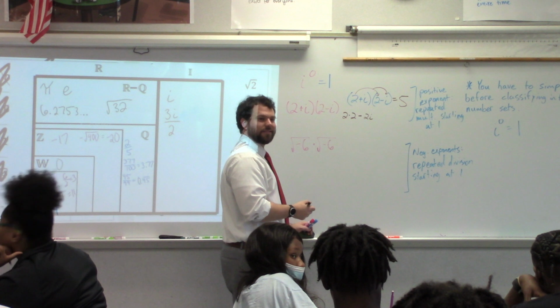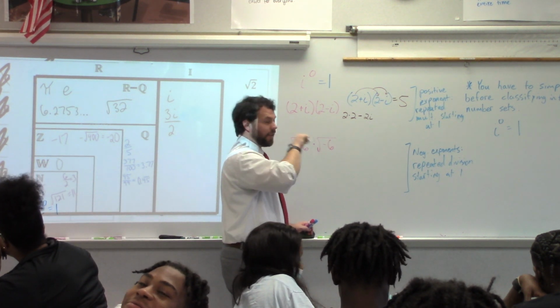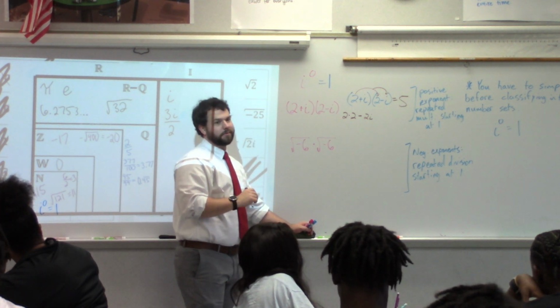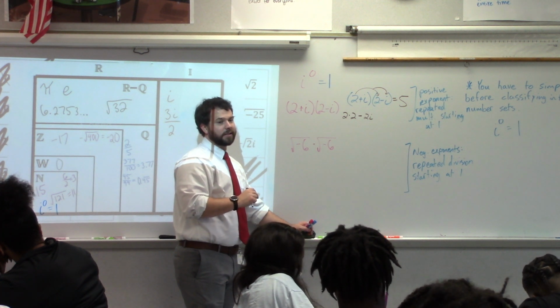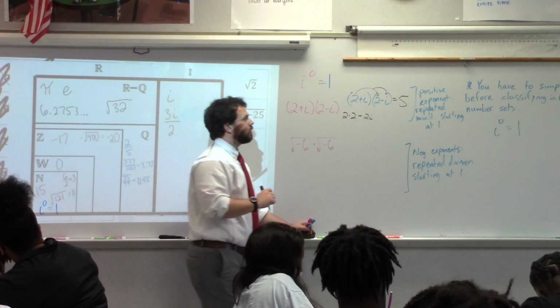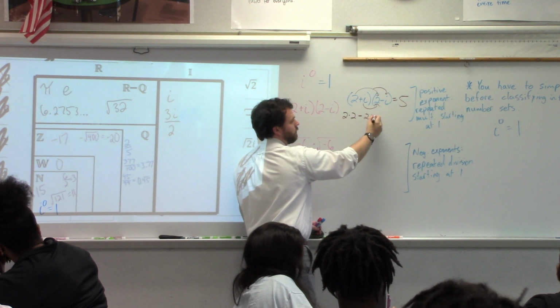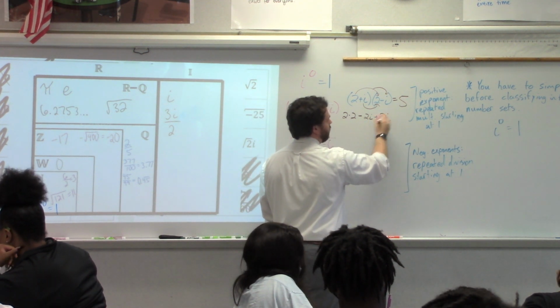Any ideas what I'm going to do next? Right, we distributed this first 2. Now we're going to distribute our i times 2, plus 2i.